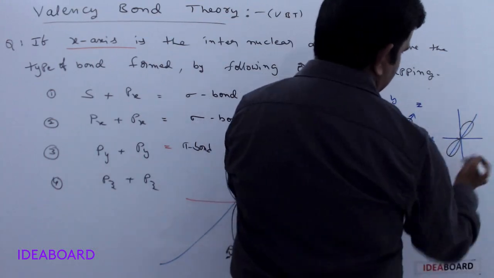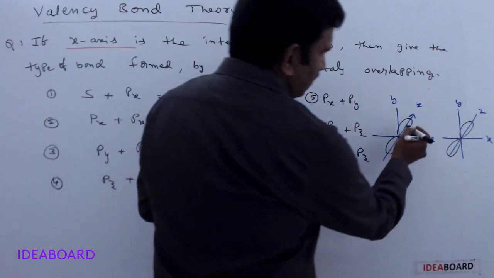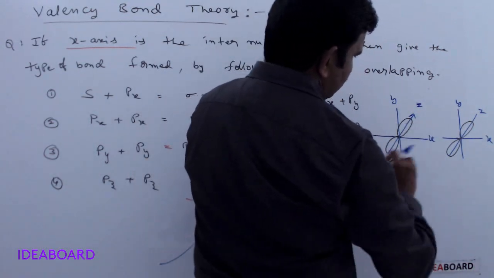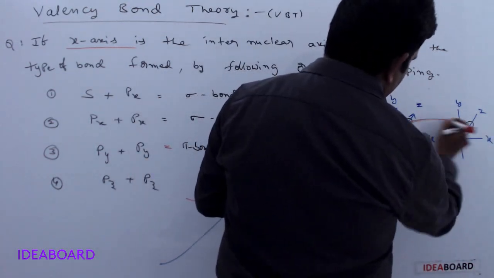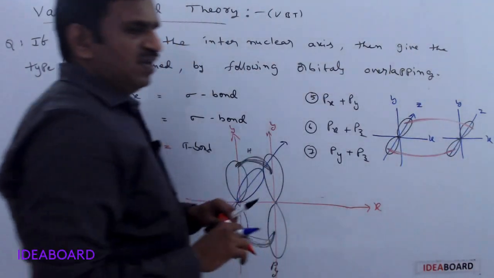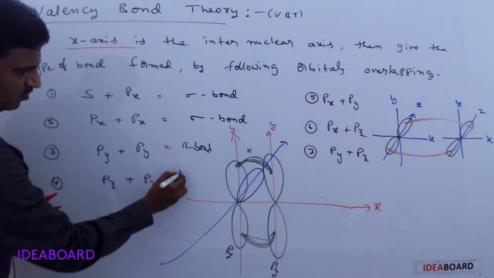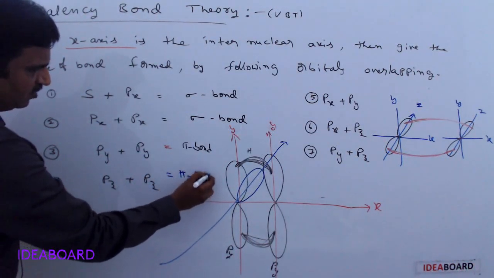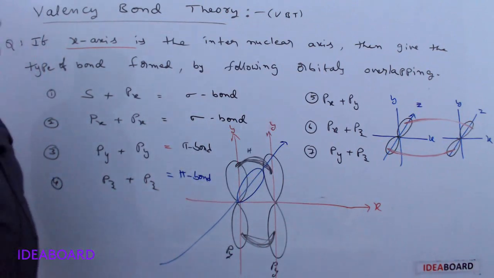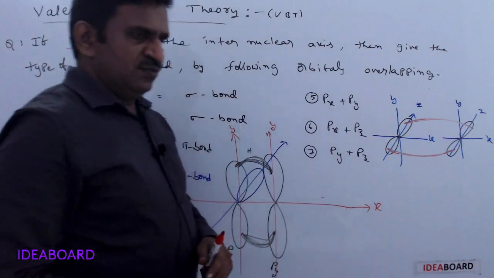So the overlapping occurs between these two. For the z-axis overlap, linear overlapping is not possible, only lateral or sidewise overlapping. So here also what type of bond is formed? Pi bond is formed.